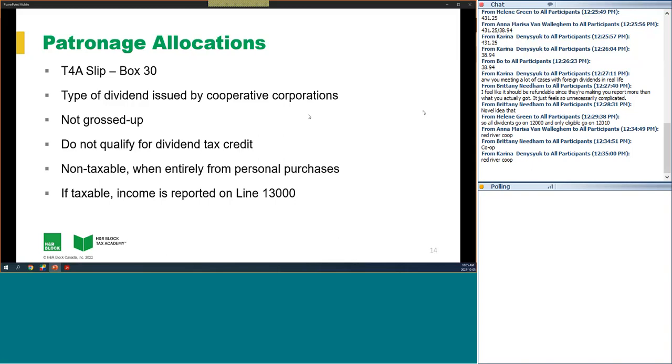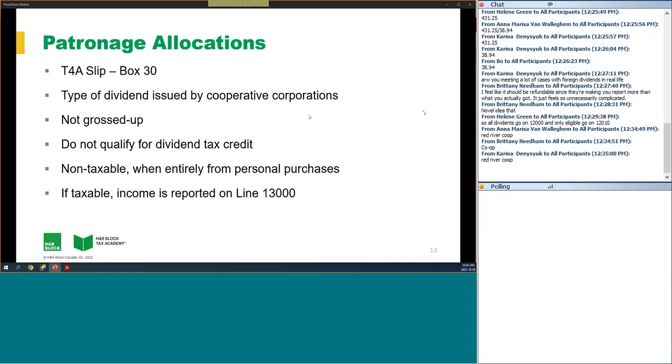So what I want you to know is when you get this in real life, you're going to download the tax slip using your autofill my return, and it's going to fill in a T4A slip and a box 30, and it's going to show up on line 13000. You're going to look at that and go, oh, that's for personal use. It's not taxable, and you're going to take it off line 13000.